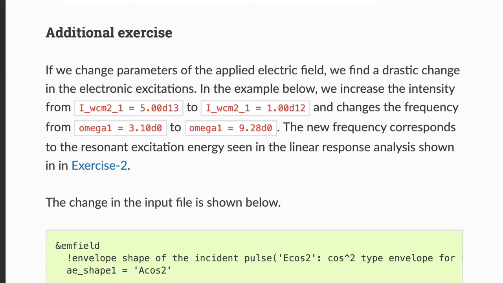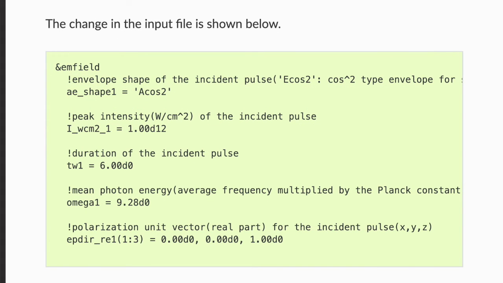Let us perform our calculation with different parameters in the input file. In the namelist EM field, where you enter the parameters of the electromagnetic field, the strength of the electromagnetic field I is weakened from 5 times 10 to the 13 watt per square centimeter to 1 times 10 to the 12 watt per square centimeter.